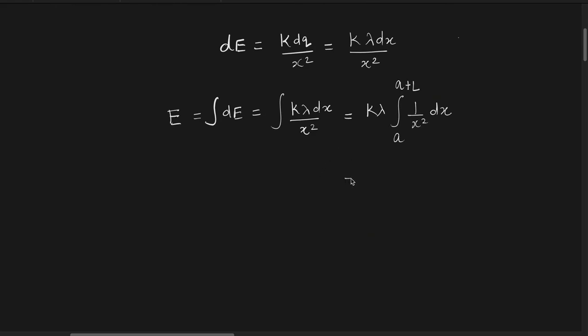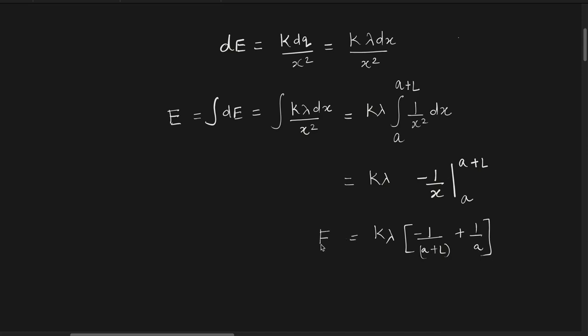So this will be equal to k lambda times the integral of 1 upon x square dx, which is minus 1 upon x, with limits A plus L and A. So this is k lambda times minus 1 upon A plus L plus 1 upon A. This is the electric field.